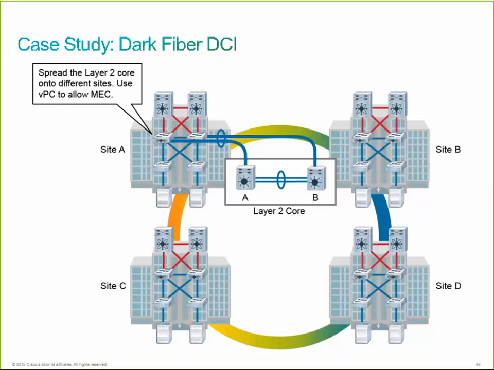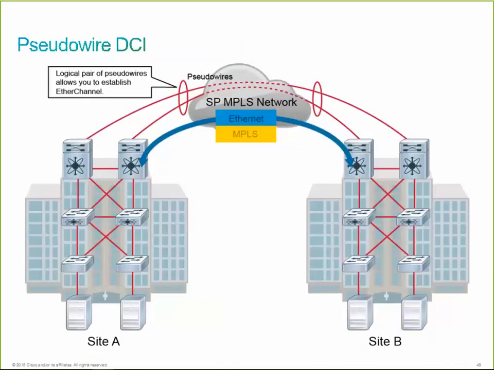The next DCI concept that we're going to talk about is a Pseudowire DCI. All right, we know generally speaking what a Pseudowire is. Pseudowire is using a service provider MPLS network to create this virtual physical connection between different locations. This is probably a more preferred method, even though it doesn't give us as much flexibility as the DWDM design does with the dark fiber.